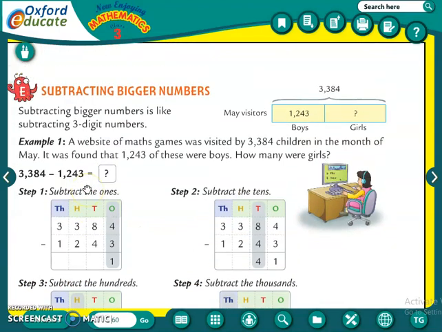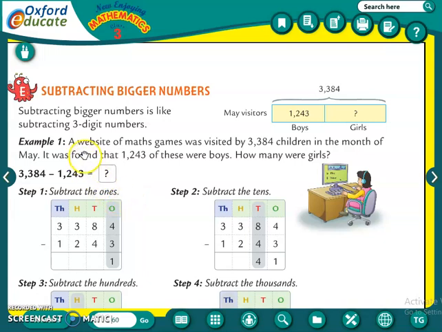Here is the subtracting bigger numbers. Now we will do subtraction with bigger numbers. जैसे कि हम 3 डिजिट के सब्ट्रैक्शन करते थे उसी तरह ये है 4 डिजिट के नंबर. It is a little bit lengthy but it is easy only, so you can do it by yourself. One example is here.